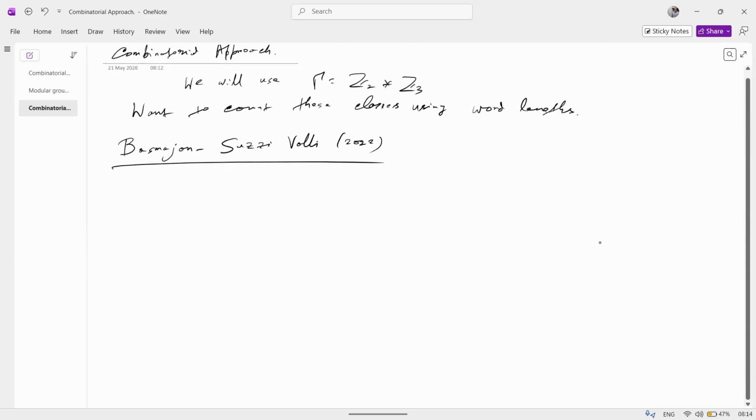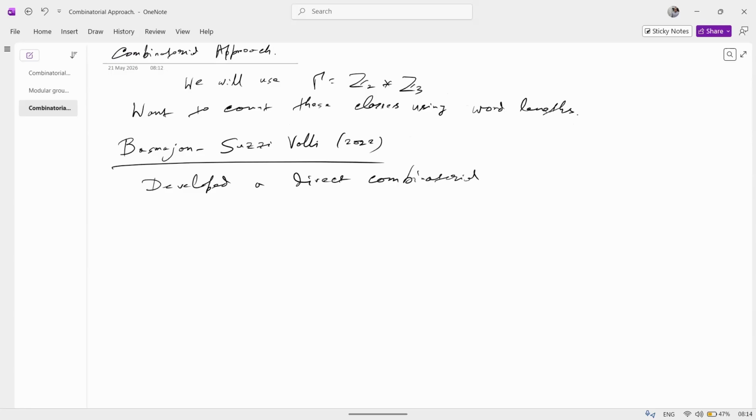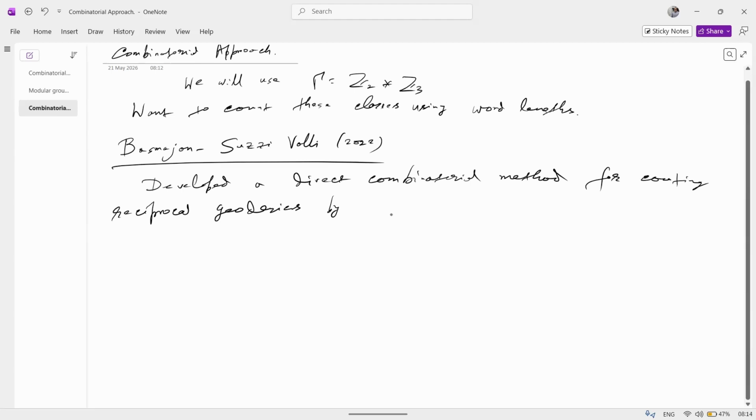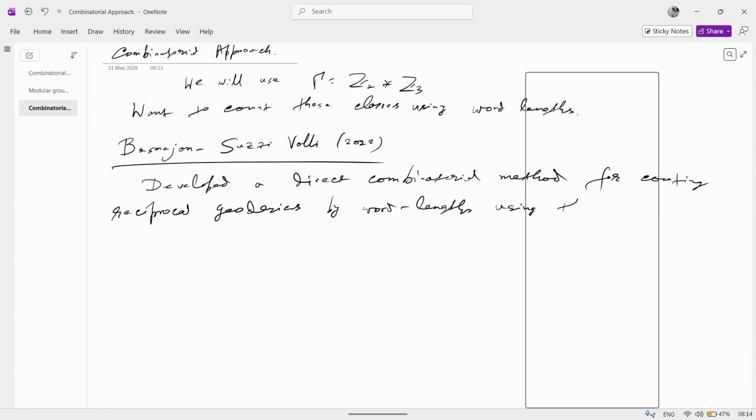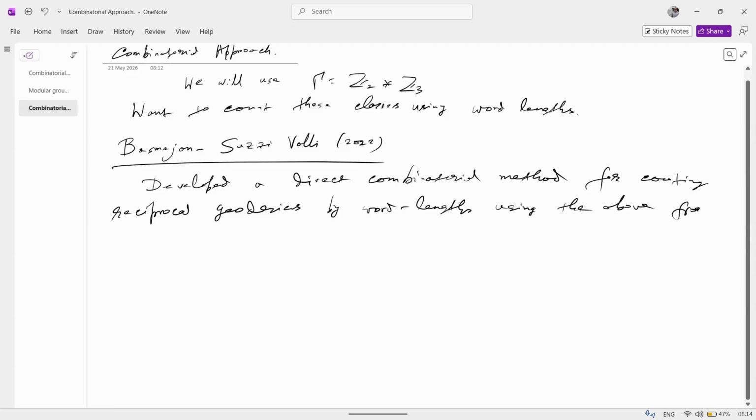They have developed a direct combinatorial method for counting reciprocal geodesics by word lengths, using the above free product structure.